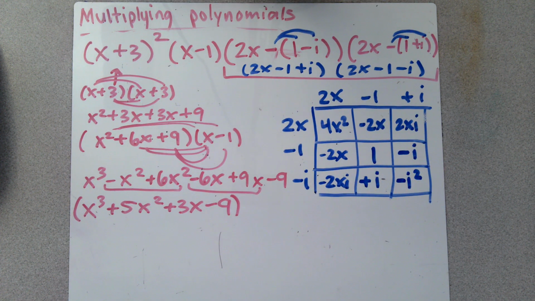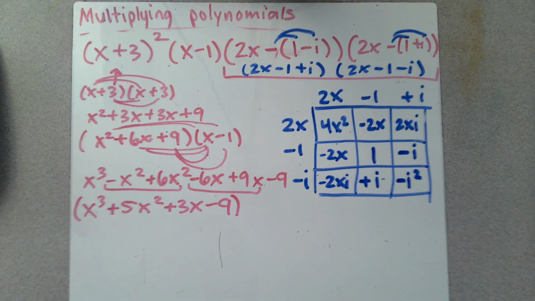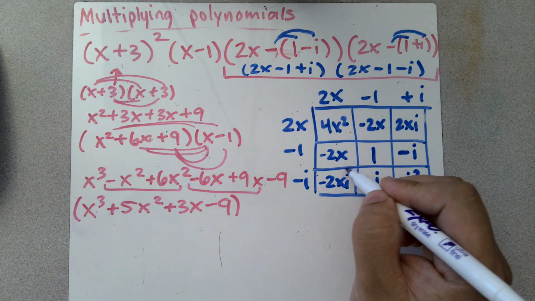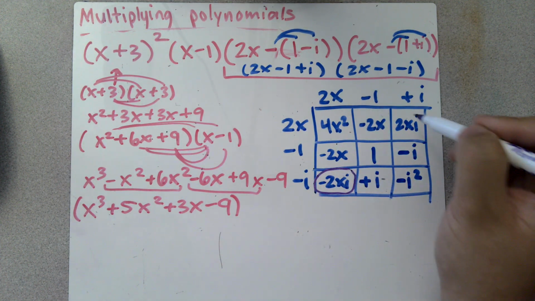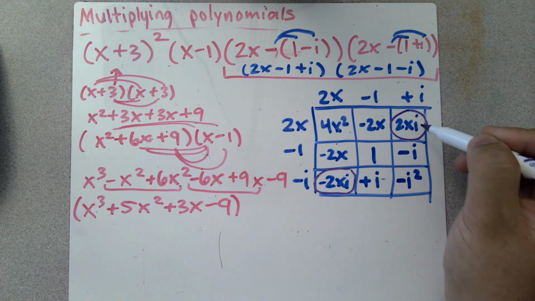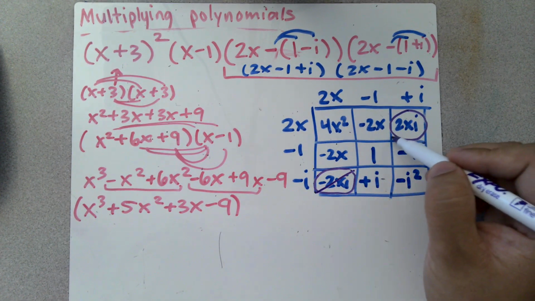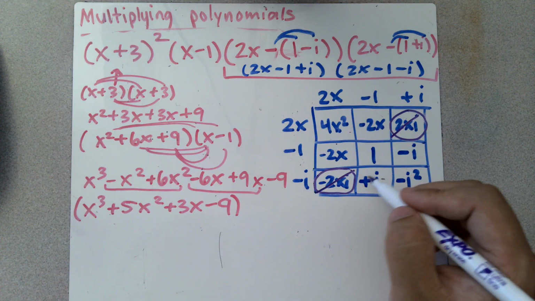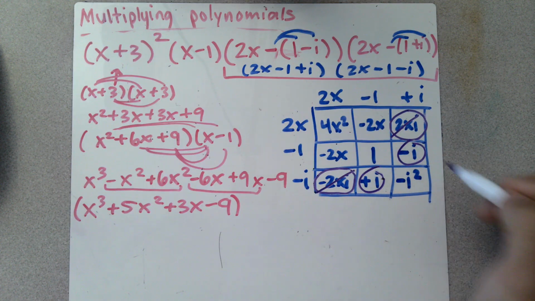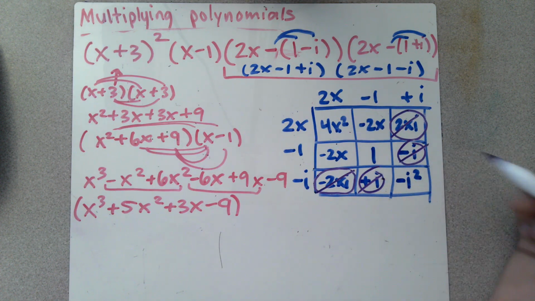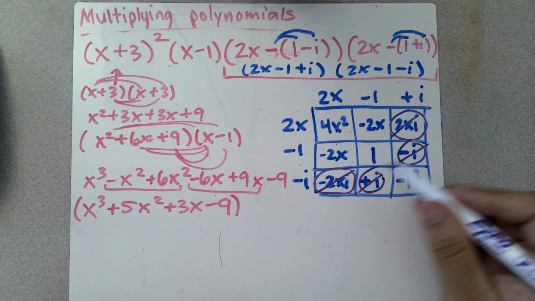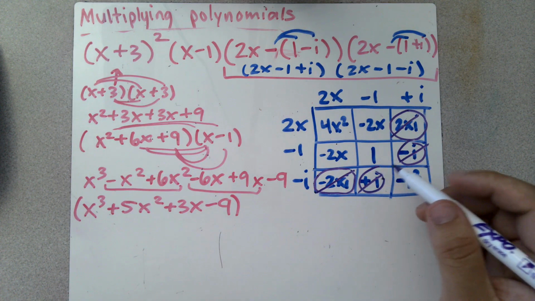What you should notice, anything that has just i's in it: 2xi minus 2xi, well, those just zero out. And then plus i minus i, well, that just zeroes out, because when you combine these, that makes 0.